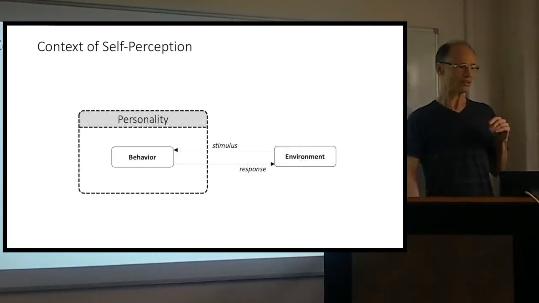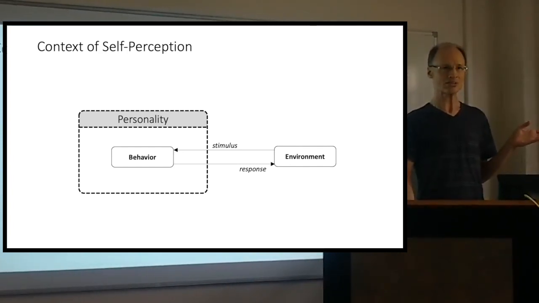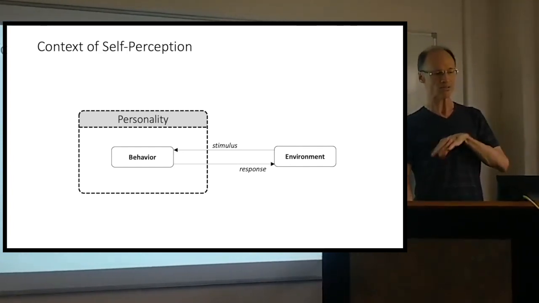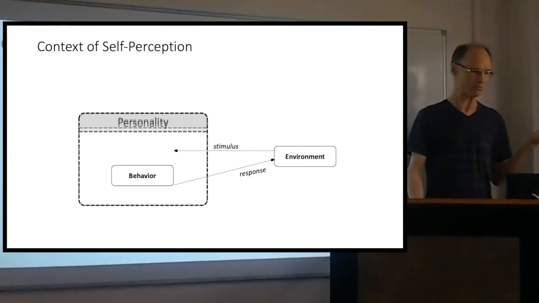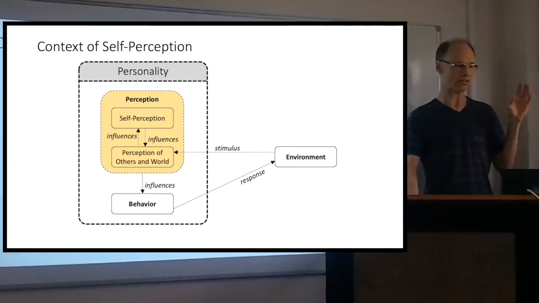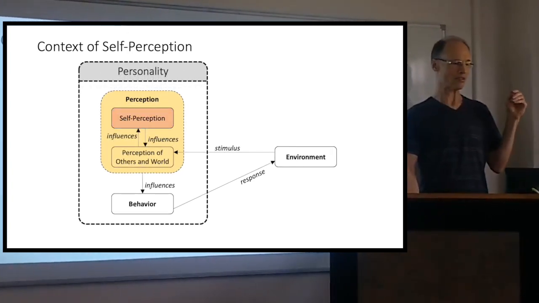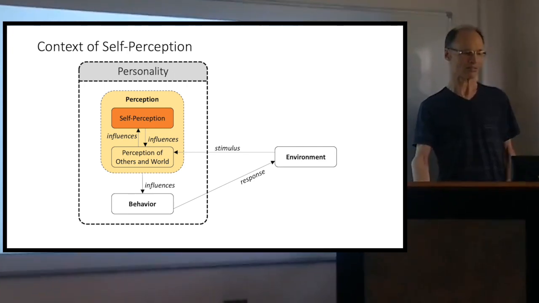So Rogers noted that intervening between an environmental stimulus and the behavioral response within a personality is the complex process of perception. And within the perceptual field, he focused on the role of self-perception in the organization of personality.